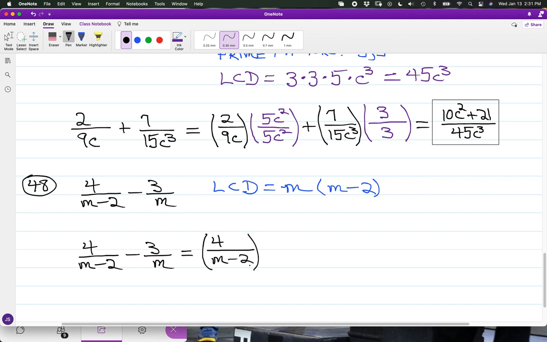So you have 4 over m minus 2. Now we have the m minus 2 portion of the least common denominator, but we're missing the m. And we have minus 3 over m.